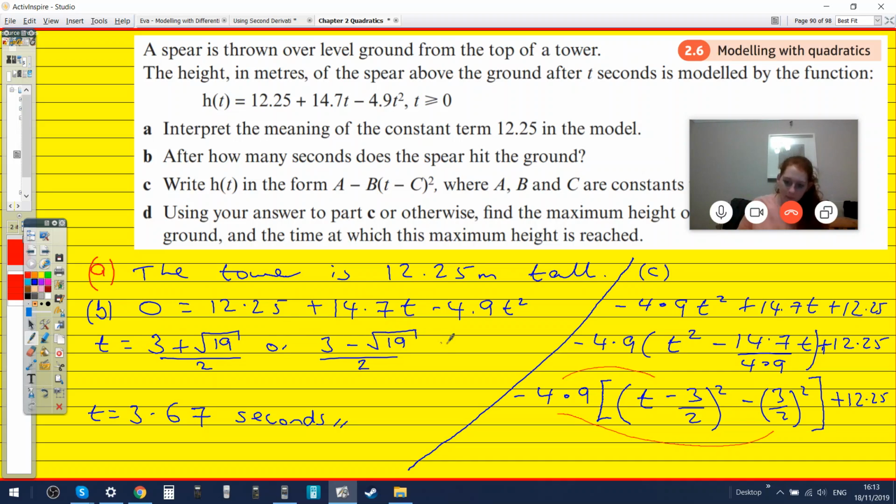Oh, okay. So how do you do it? So that bracket is squared, so we can't multiply before we expand. Oh, we need to expand. So we would just leave it like that. Yeah.